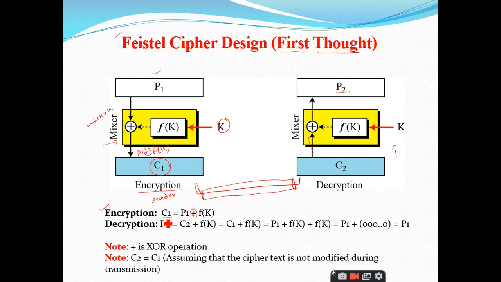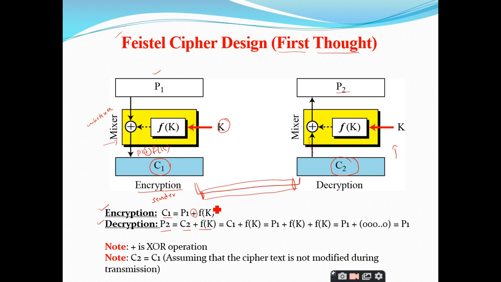Is it clear how I got C1 equal to P1 plus f of k? And at the decryption side, I received C2, mixed it with the function of the key, and got P2. So P2 is equal to C2 plus f of k. Am I right or not?